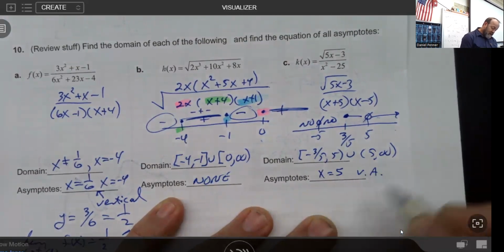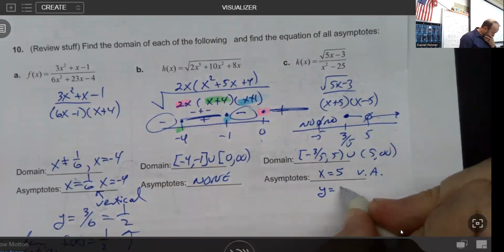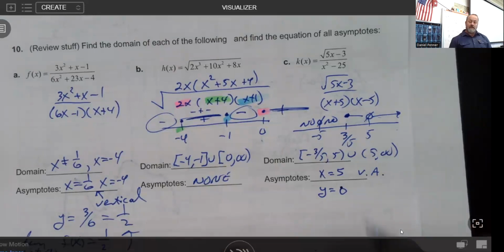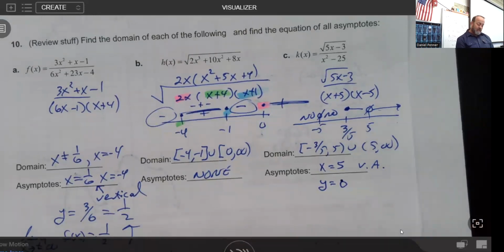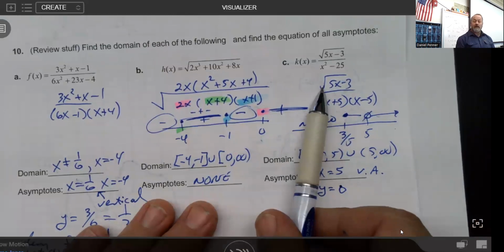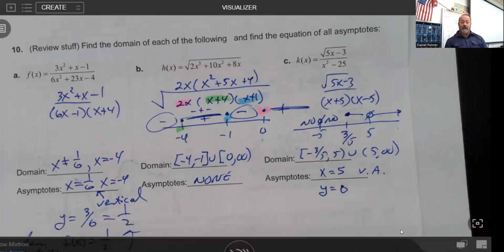And I have another one at y equals, I've got to think about this one for a second. Yeah, 0. Now, that's again my end behavior, and the reason why is because the power of the numerator is actually x to the half power, and the power of the denominator is x squared, and since the power of the bottom is larger than the top, that automatically makes 0 an end behavior asymptote.